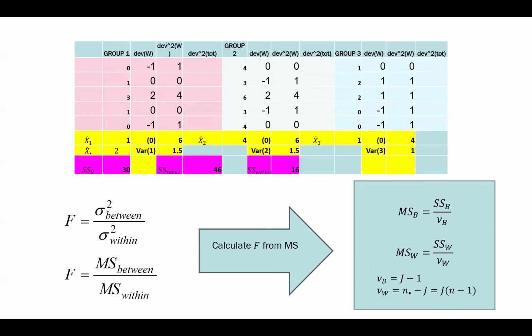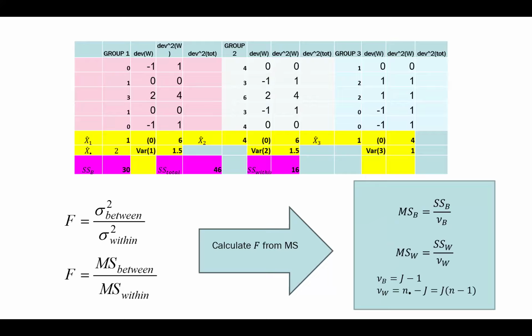What are our mean squares? Our mean squares are sums of squares divided by their respective degrees of freedom. We went to all that trouble to get our sums of squares.